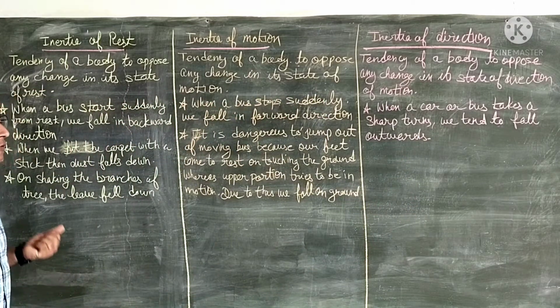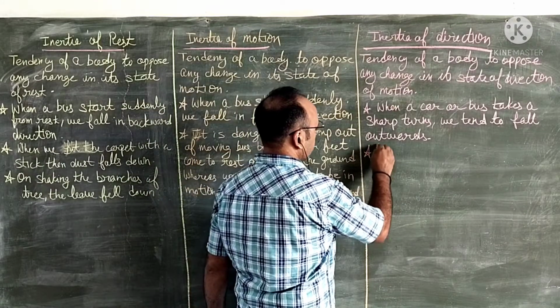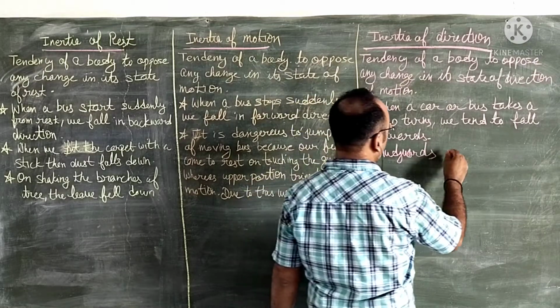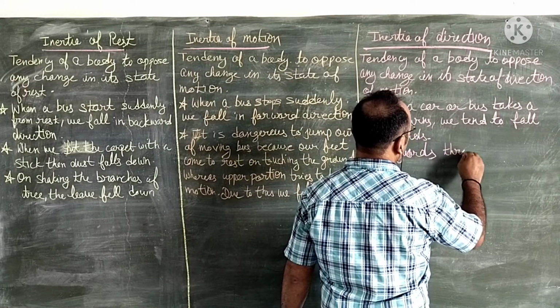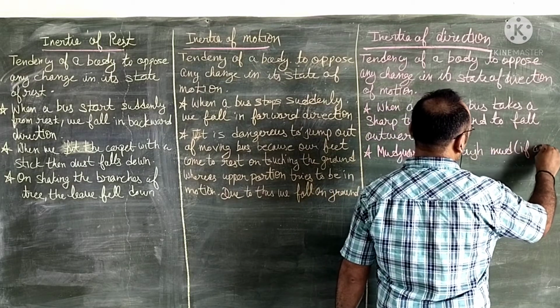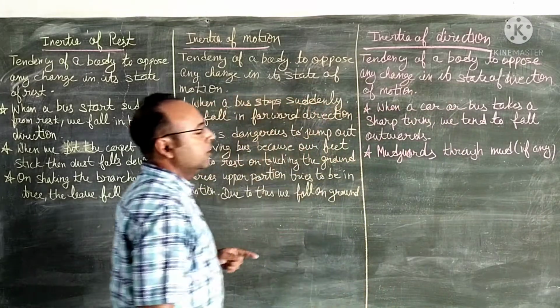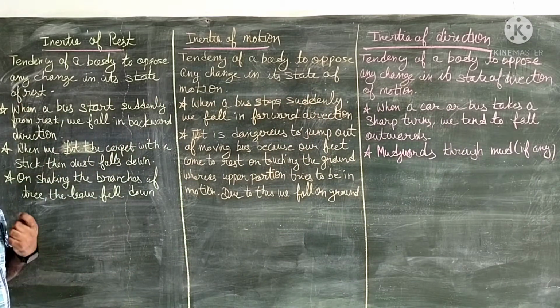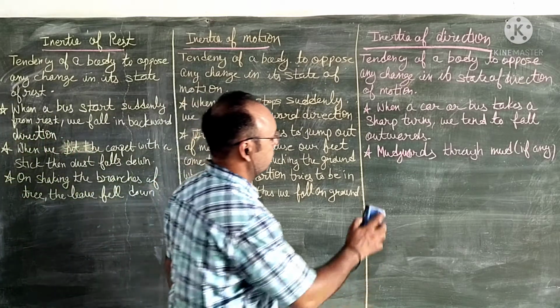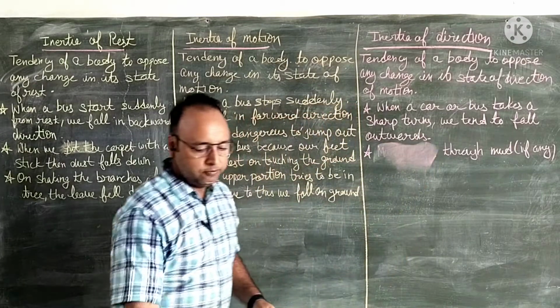One more very common example is the mud guards. You might have seen that rotating wheels throw out mud tangentially due to inertia of direction. Mud guards are used in bicycles and bikes. The wheels throw mud, if there is any on the ground, in the tangential direction. Mud guards actually protect us.